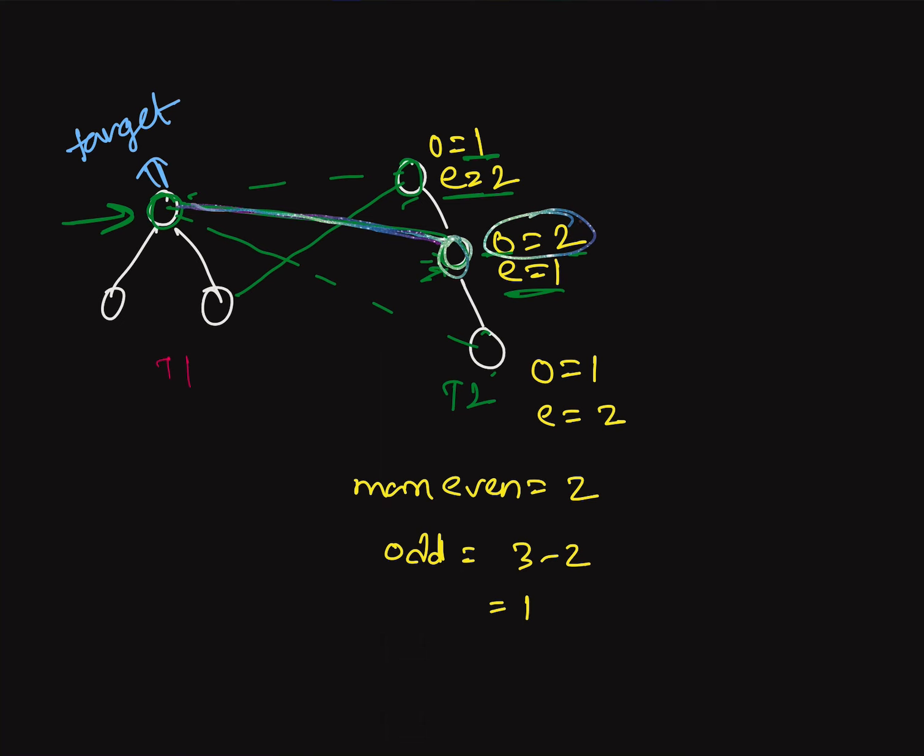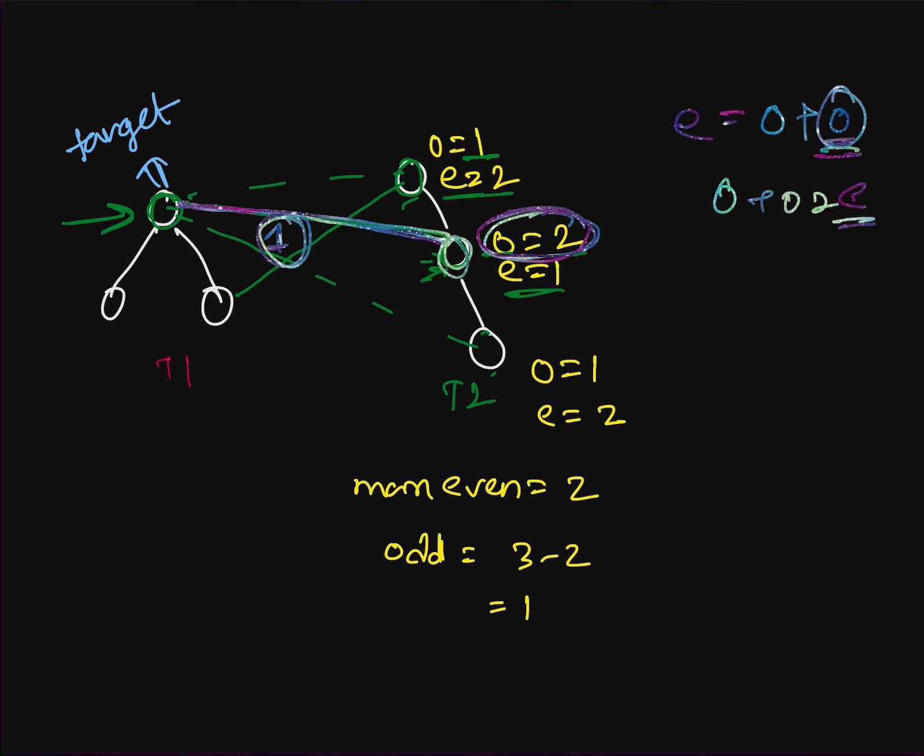Why the number of odd nodes in this node particular? Because this edge will contribute 1, which is odd. So to get an even distance, if 1 is already odd, then the remaining number of edges will also be odd, correct? Odd plus odd gives even, right? So that's why this one is contributing odd.